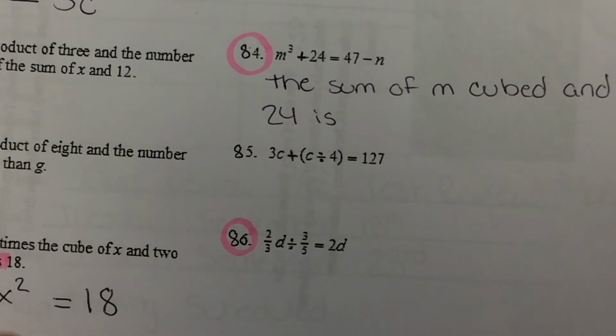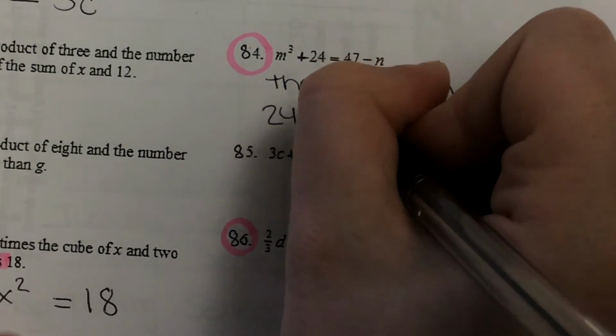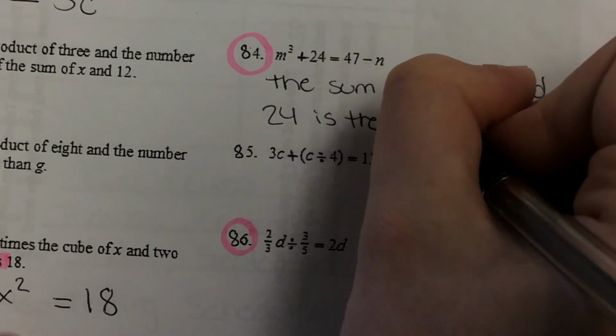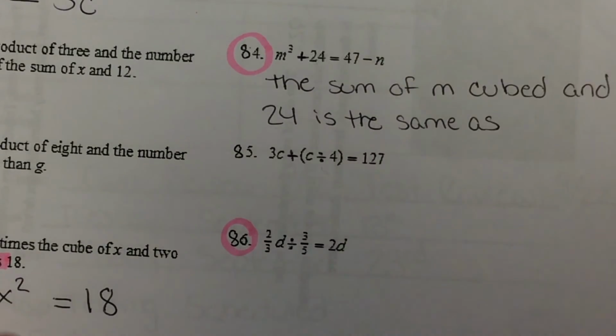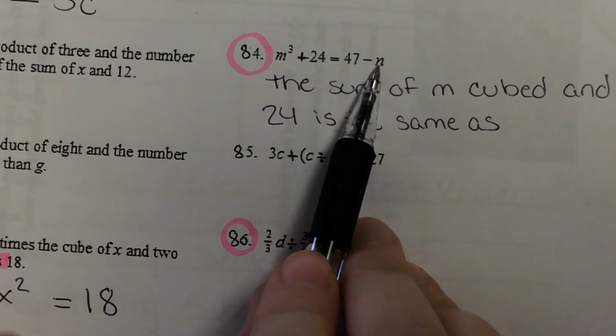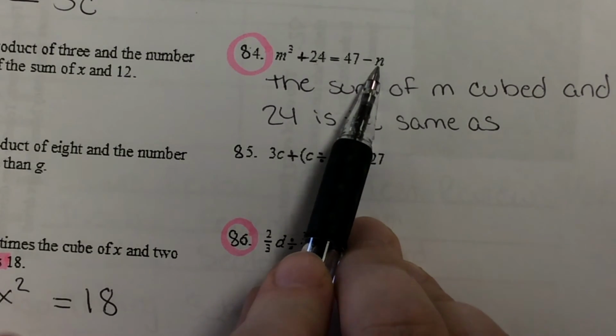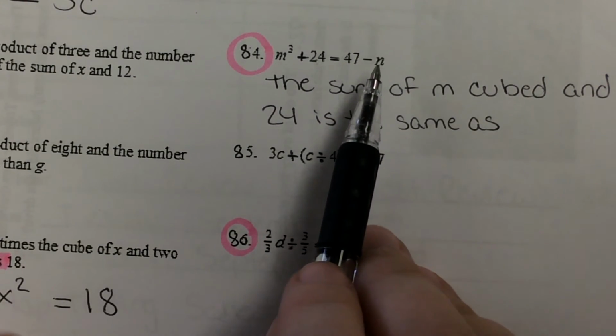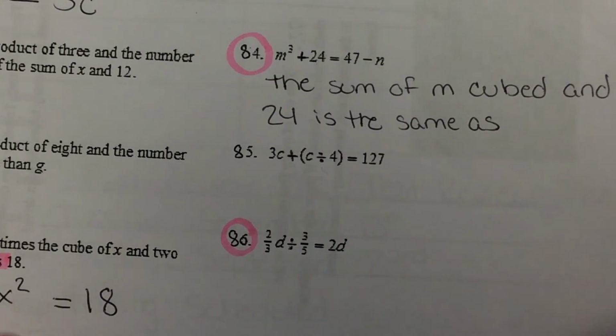Let's use something other than "is." Let's say "is the same as." Now we've got 47 minus n. I'm going to use my "than" words. I'm going to say n less than 47.